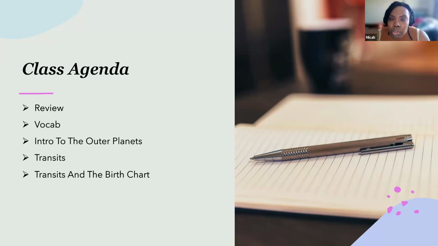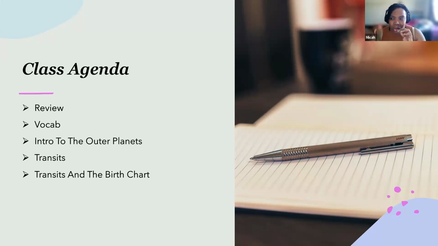In the Intro to Astrology course, we talked about the planets from the sun going to Saturn, and we worked with those a lot. We did talk about the outer planets a little bit, but we are going to start using them a lot more often as we get into transits and things like solar returns, perfection years.